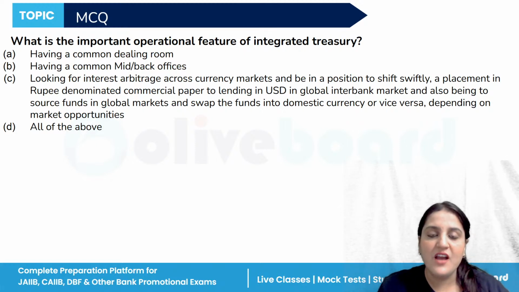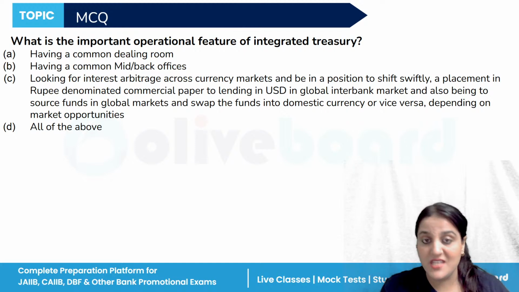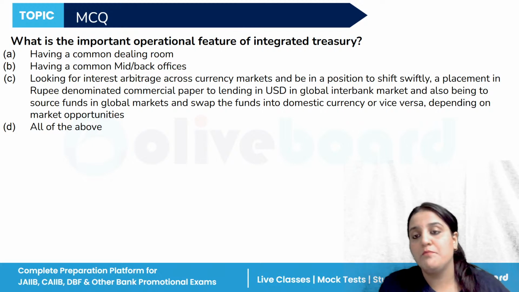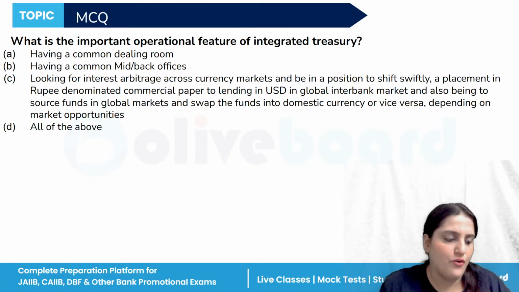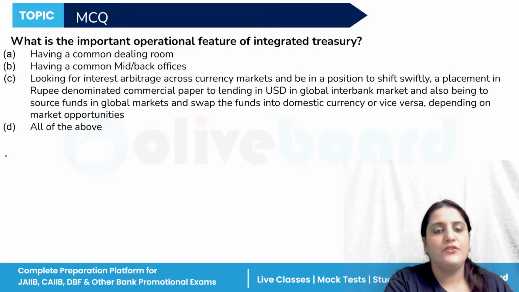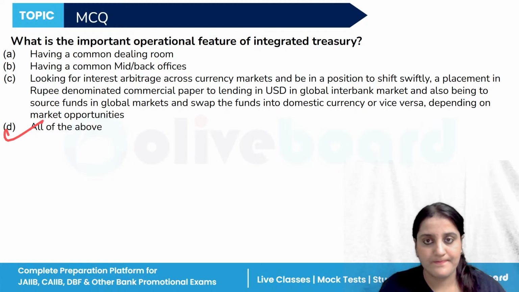Having a common mid-back office is also an important operational feature. And option C, looking for interest arbitrage across currency markets to be positioned to shift swiftly, is also a correct requirement for integrated treasury. So we can say all of the above options are correct.